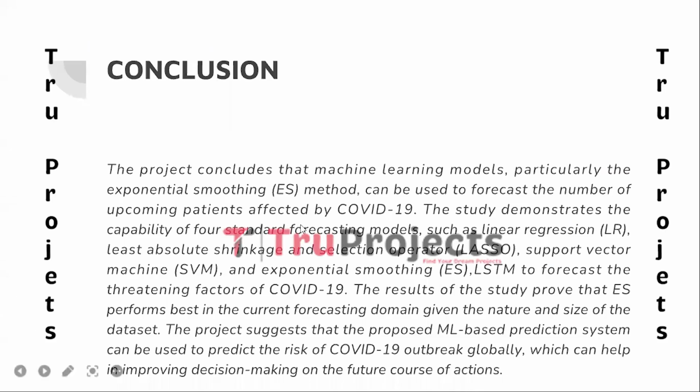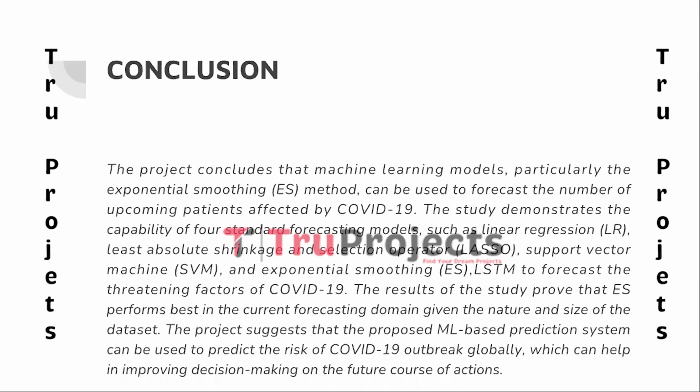The project concludes that machine learning models, particularly exponential smoothing, can be used to forecast the number of upcoming patients affected by COVID-19. The study demonstrates the capability of four standard forecasting models, such as linear regression, least absolute shrinkage and selection operator, support vector machine, and exponential smoothing, and LSTM to forecast the threatening factors of COVID-19.